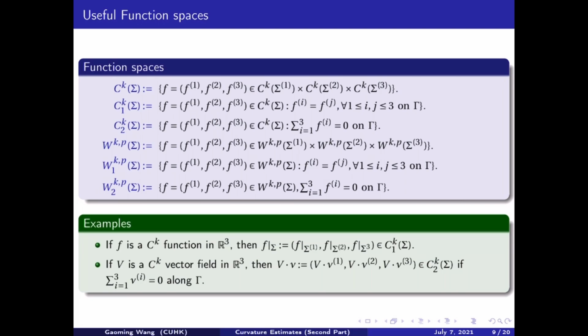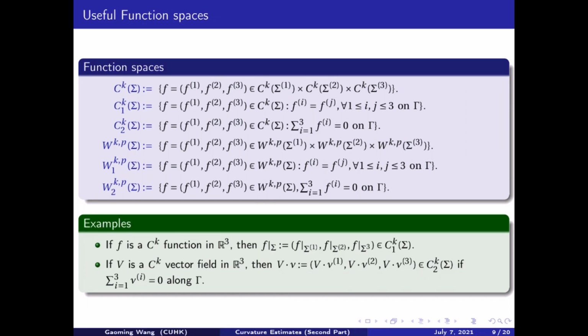This is possible if Σ_γ is a minimal triple junction surface, each Σ_i is orientable and γ is connected. Then the dot product V·ν can be viewed as a function with three components. Each component is given by V·ν_i.